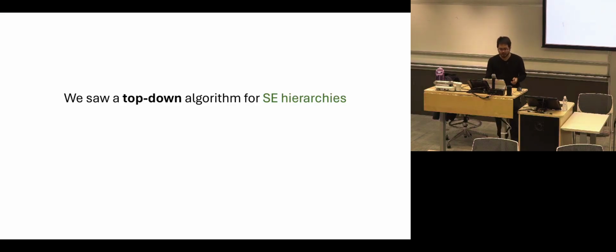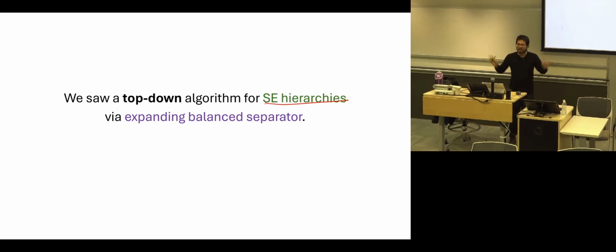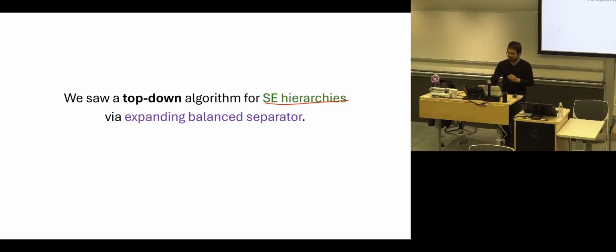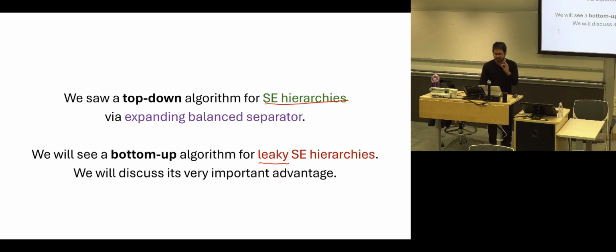Before, we have seen a top-down algorithm for constructing expander hierarchies using expanding balanced separators: find the balanced separator, recurse. Today we see a different one. It's bottom up, and it kind of works only for the leaky version, but it's simpler. And we'll discuss in detail what's really the important advantage of this approach.